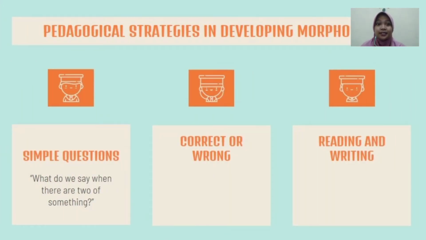The first strategy that can be used in enhancing the acquisition and development of morphology is simple questions, and this can be used in the preschool stage. To enhance the development of morphology, in this case markers of number and tense, questions can be asked about simple things, such as what do we say when there are two of something, or what do we say when we want to thank our friends.